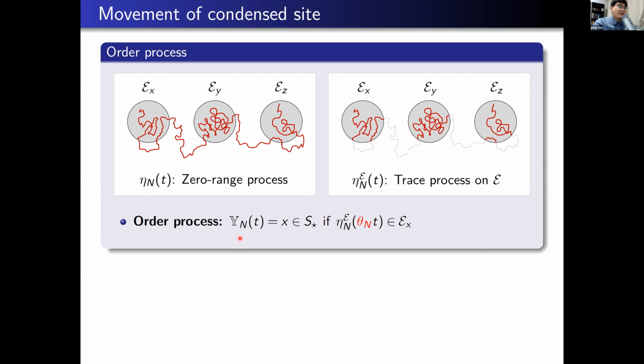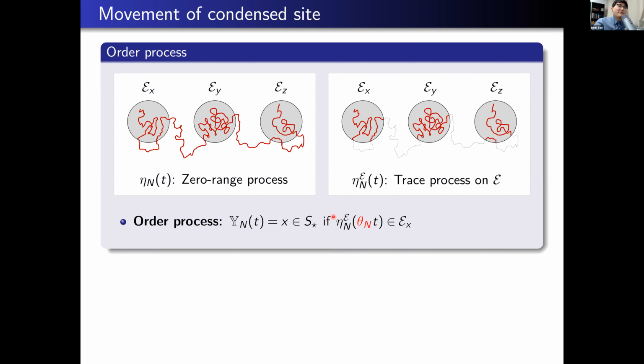So define Y_n(t) as the index of the metastable set to which your speeded-up trace process belongs. Here theta_n is a speeding factor. We have to speed up the process because you will stay in a valley for a long time, otherwise you will observe trivial behavior. You suitably speed up the process in order to see this transition.